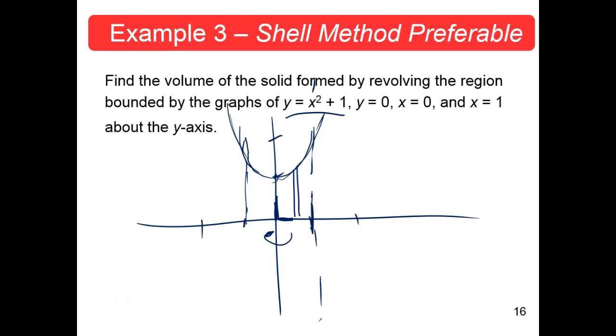So that looks like shell method all the way. Your height of this is going to be certainly your y, 0 to 1 in x. That dx fits that well. Looks like picture perfect shell method to me. So what will it be?